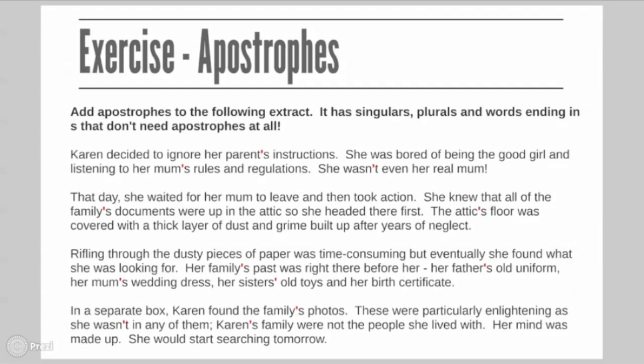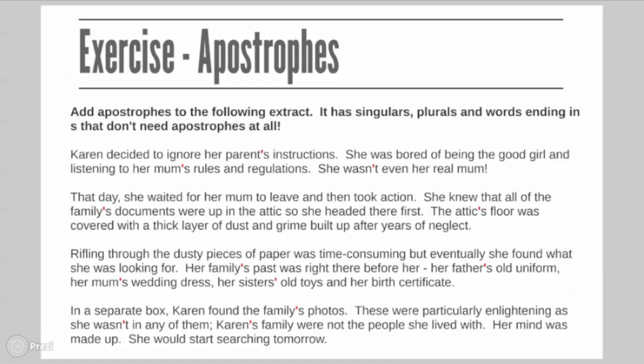So if we look at the next paragraph, we've got the sentence that starts, she knew that all of the family's documents were up in the attic, so she headed there first. So we've got an apostrophe to show possession again. The documents belong to the family.